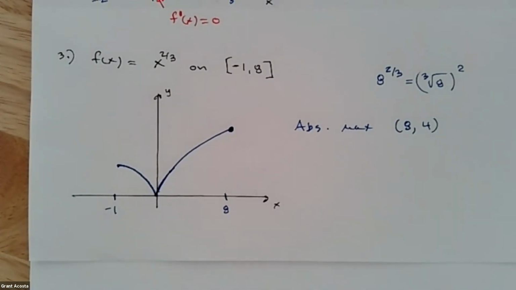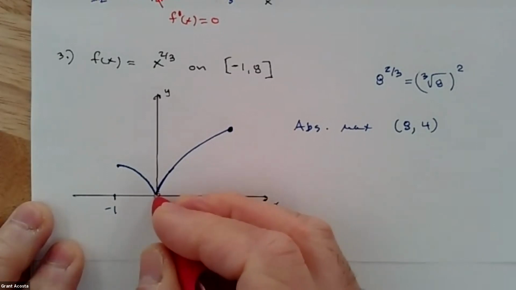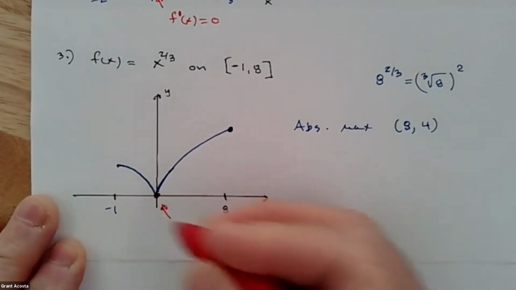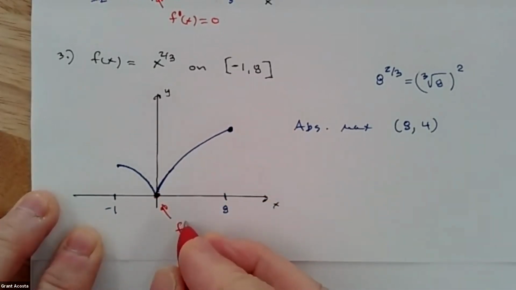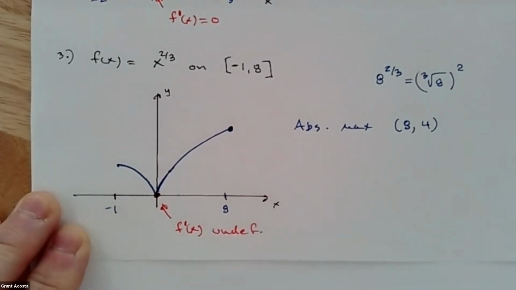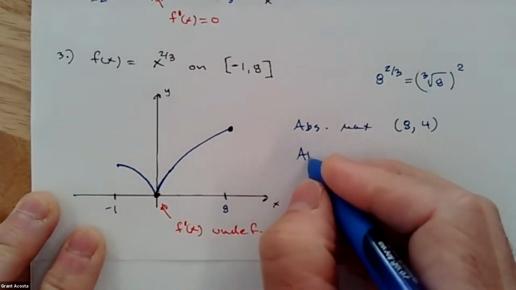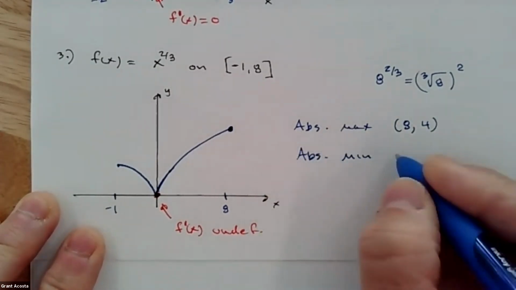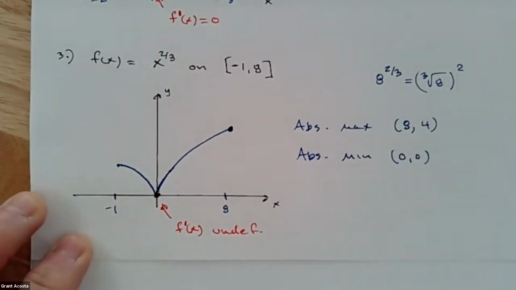And do you remember one of the indicators of a function not having a derivative is there's a sharp point, right? You had that discussion. But nevertheless, that is my minimum. And so my minimum is happening at a place where my derivative is actually undefined. But that still does give me my minimum, and that's going to be at 0, 0.